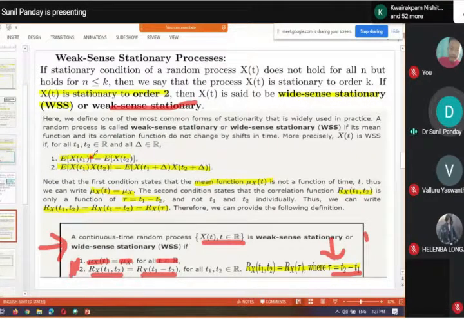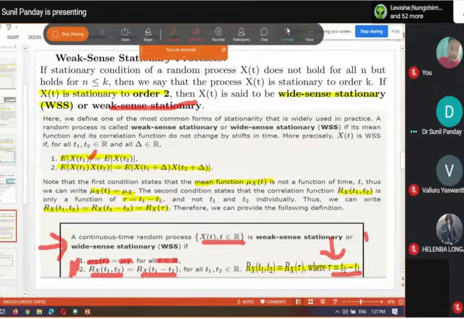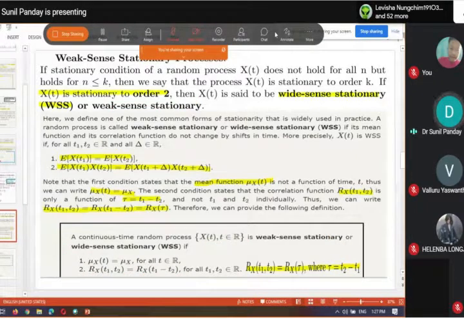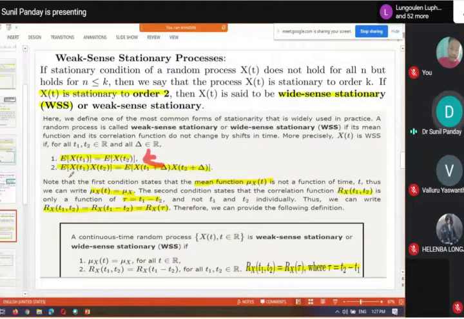Or you can say this also, but this is actually rarely used: the expectation, the mean function, is the same and the autocorrelation functions are the same. Then we say that our random process is weak sense stationary.